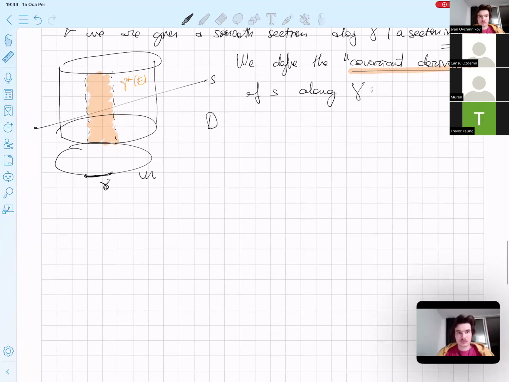So we define this to be, we write it like this, and evaluated at t equals 0.